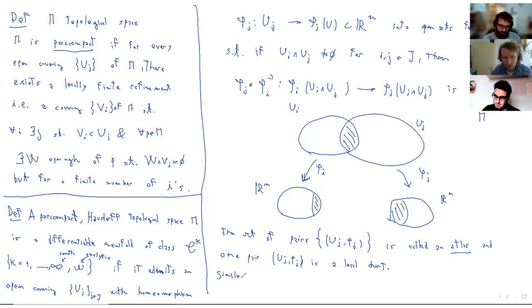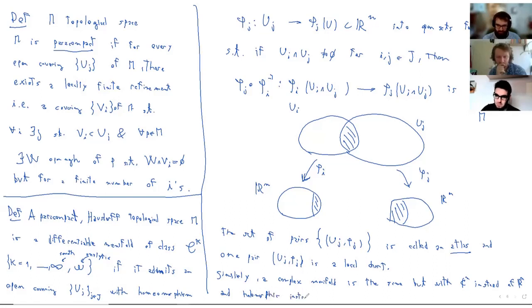Similarly, a complex manifold, sometimes also called a holomorphic manifold, is the same, but with C^n instead of R^n, and holomorphic instead of C^k.